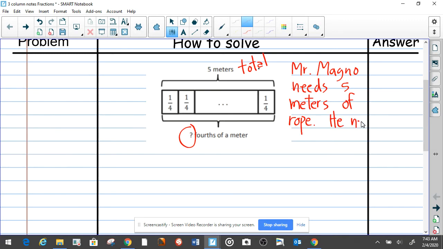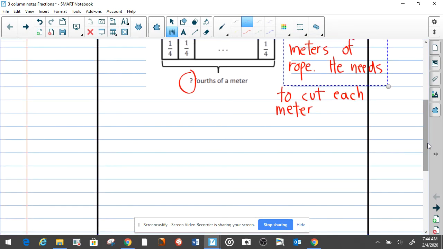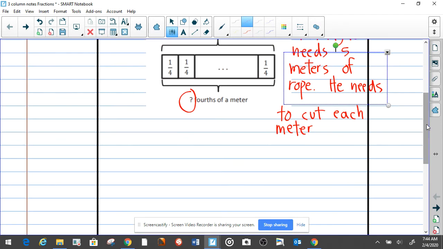He needs, let's make it a need. He needs to cut each meter in fourths.